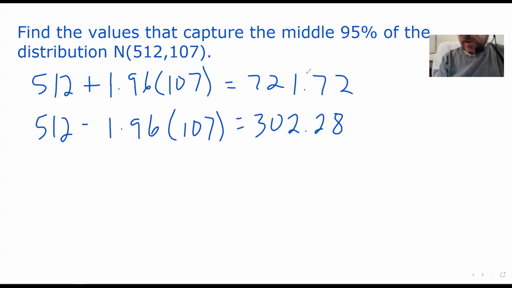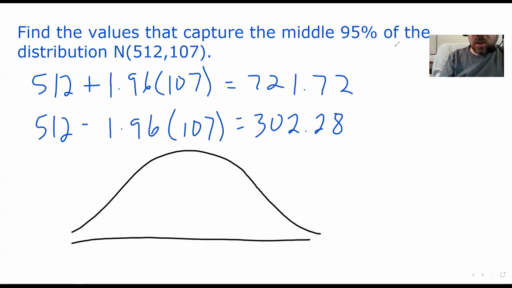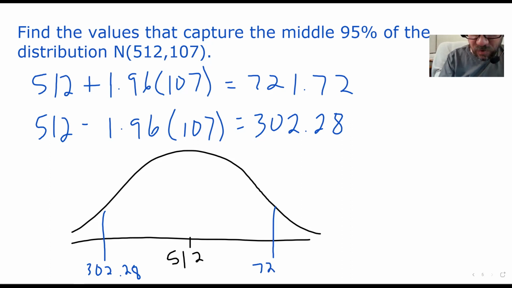So that means if I was looking at this distribution, where the center here is 512, then the left and right boundaries of the middle 95% are 302.28 to 721.72. We've got 95% of the data in the middle, so 0.95 is in here.